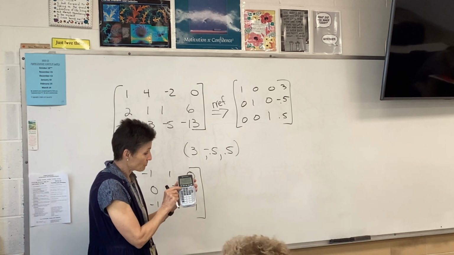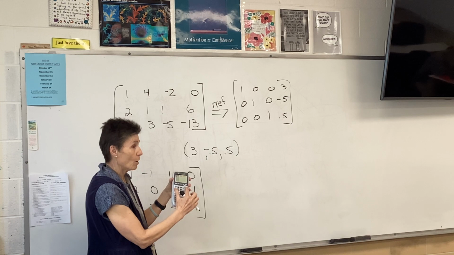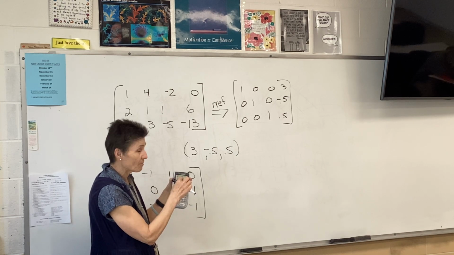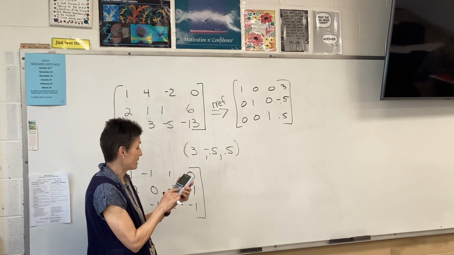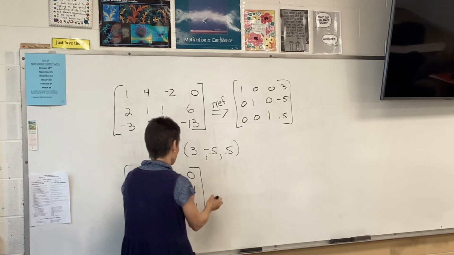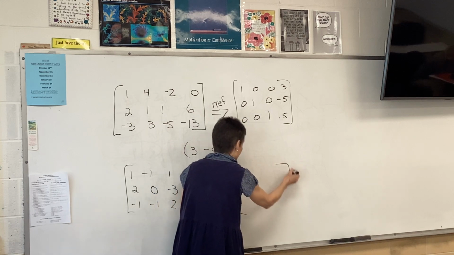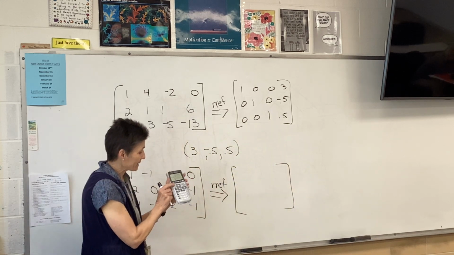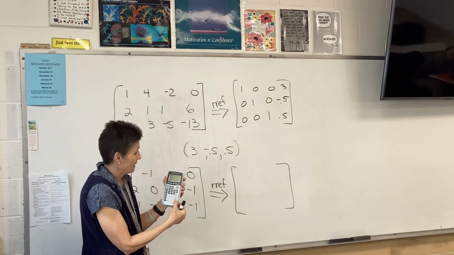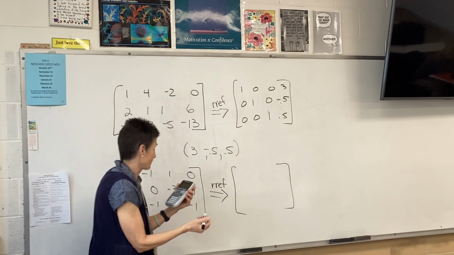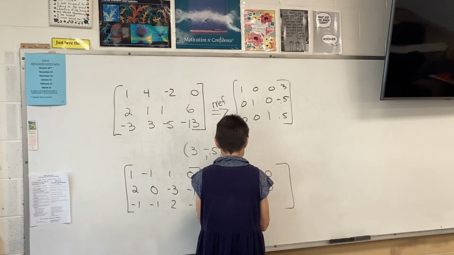Then back into matrix, so second matrix, top row over to math, down to RREF, enter. Back into second matrix one more time, enter. And that should give you your answer.